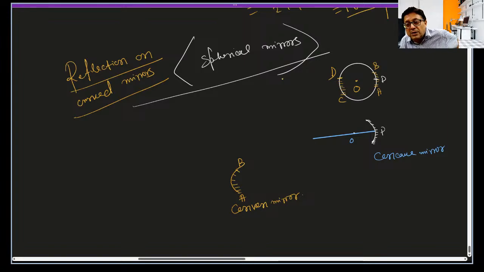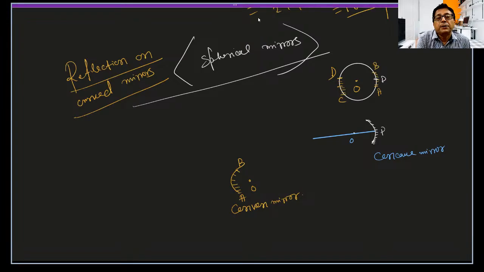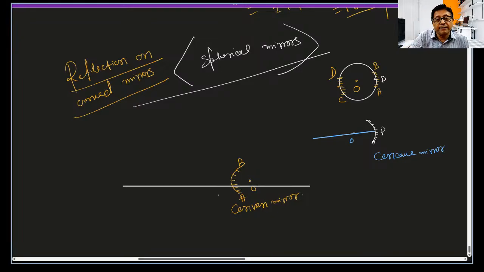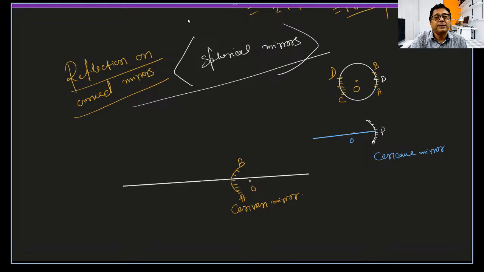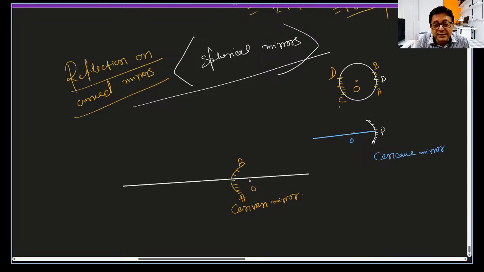Okay? And this is also part of this sphere, so the center of curvature is well defined. There is a pole midway. If we join them, then you get the principal axis. If you join the center of curvature and the pole, this is called the principal axis.